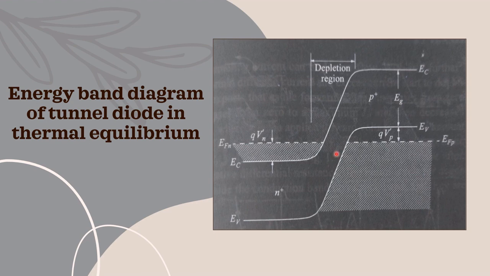So these two regions are represented as N plus and P plus. And here is the difference between a simple PN diode and a tunnel diode. This is the energy band diagram of a tunnel diode in thermal equilibrium condition.